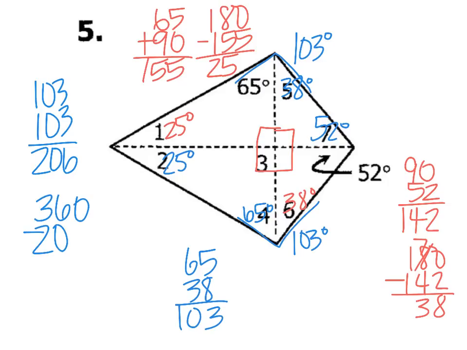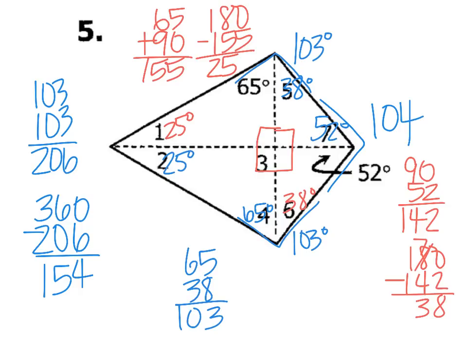If we add together the other two whole angles, we get the remaining degrees needed. If we add up all those angles, we're going to get 360 degrees. Therefore, we just found all of the missing measures of our kite.